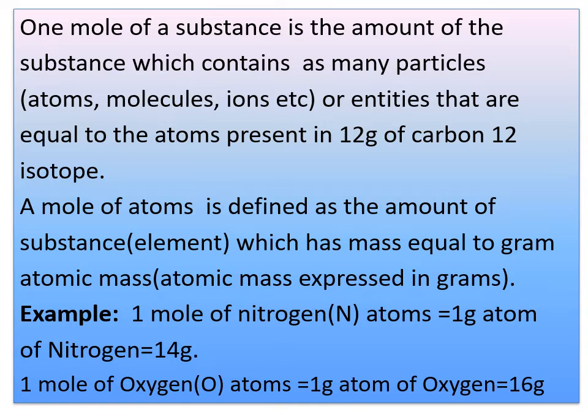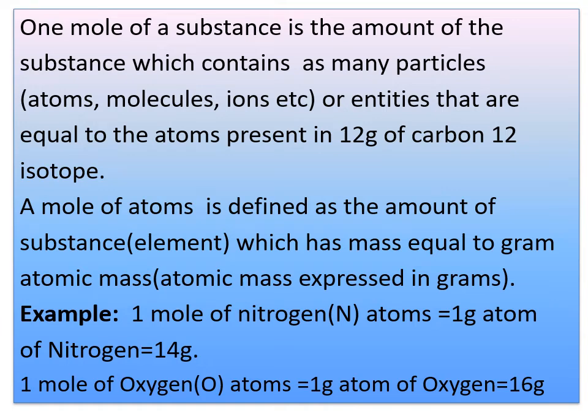A mole of particles, the particles can be atoms, molecules or ions, is defined as that amount of a substance which contains the same number of particles as there are carbon-12 atoms in 12 grams of C-12 isotope. Here I told you it is a mole of a substance.